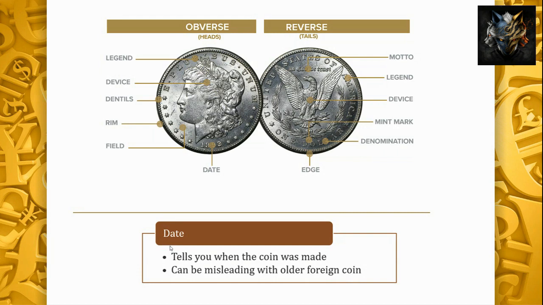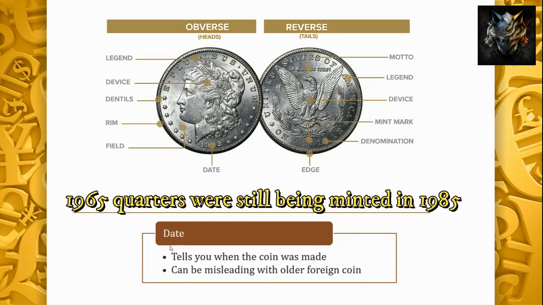Now, there are some instances where you have foreign coinage that the date that's on the coin is not necessarily the year minted. It could be a historical piece or something of that nature. So it's important to understand the coin itself when looking at that.